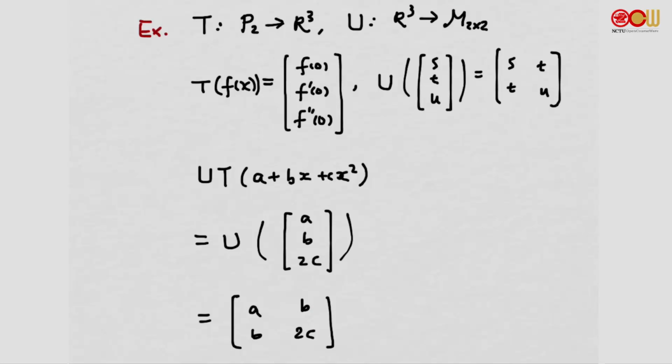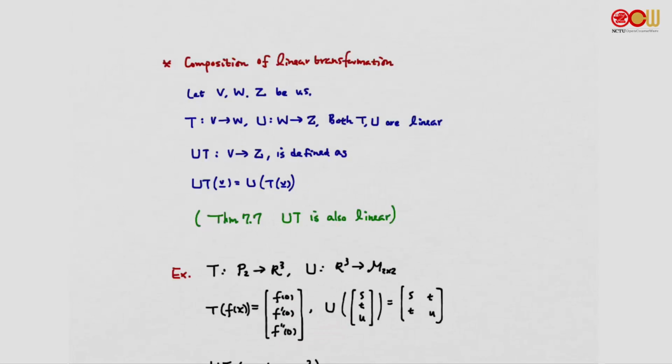By definition of U, this would be a and b, b, and 2c. It can be further shown that if both T and U are isomorphisms, then their composition is also an isomorphism.